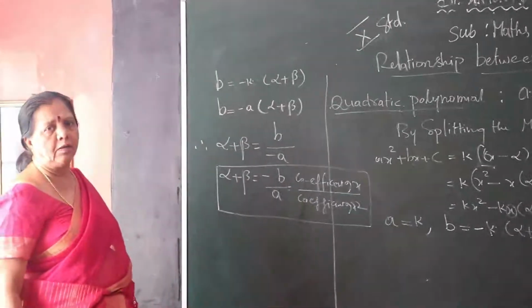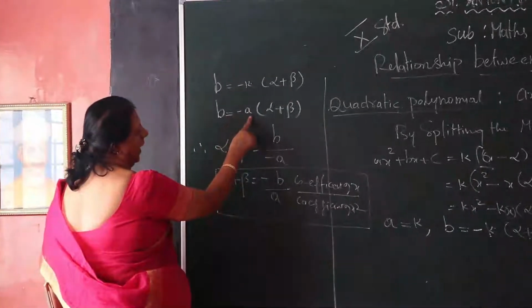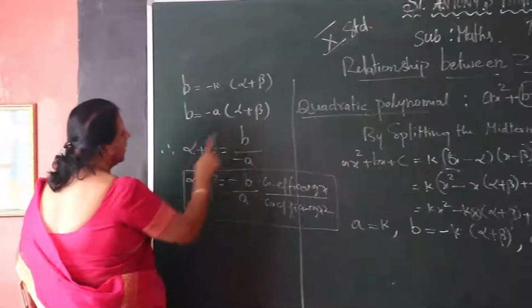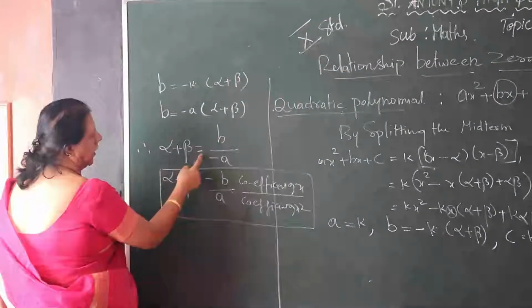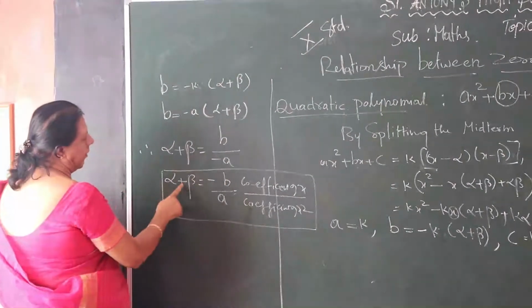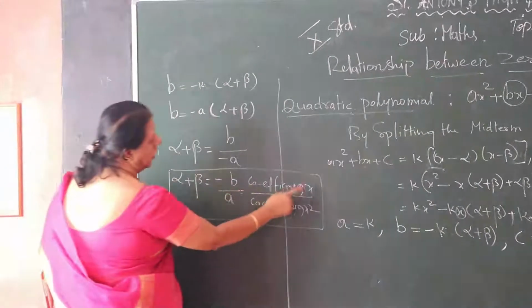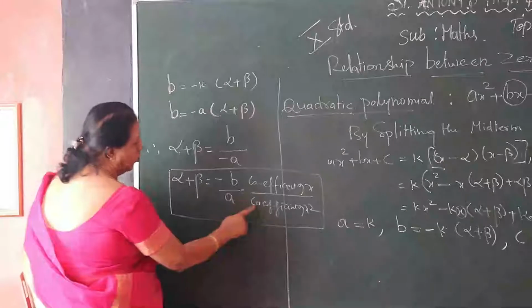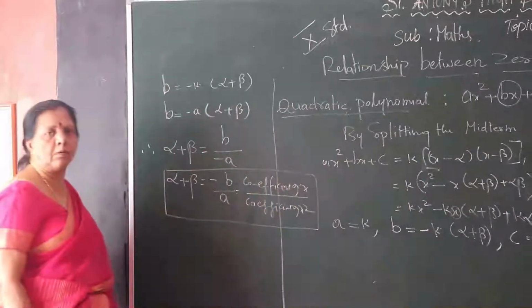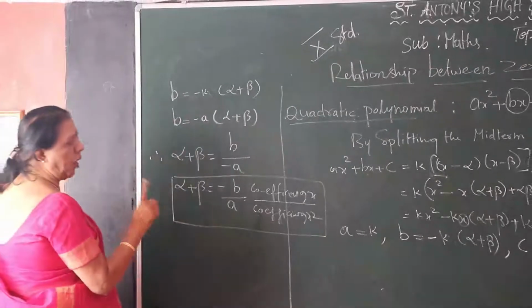Followed, children? See here, b is equal to minus a times alpha plus beta. The sum alpha plus beta is equal to b by minus a. That is alpha plus beta is equal to minus b by a. What is b? Coefficient of x. What is a? Coefficient of x square. Followed, children?